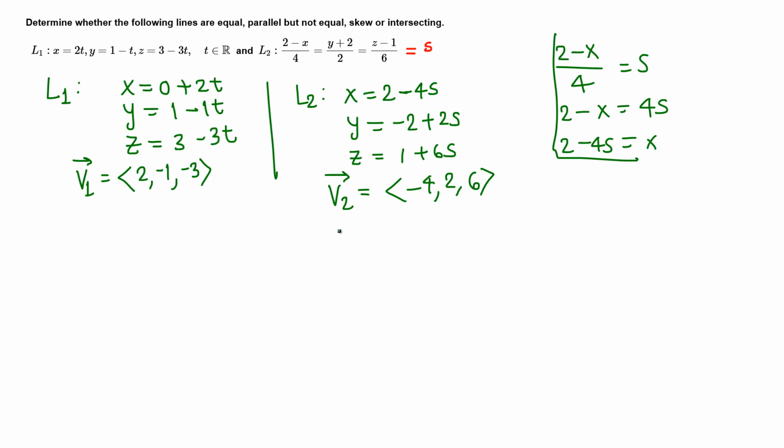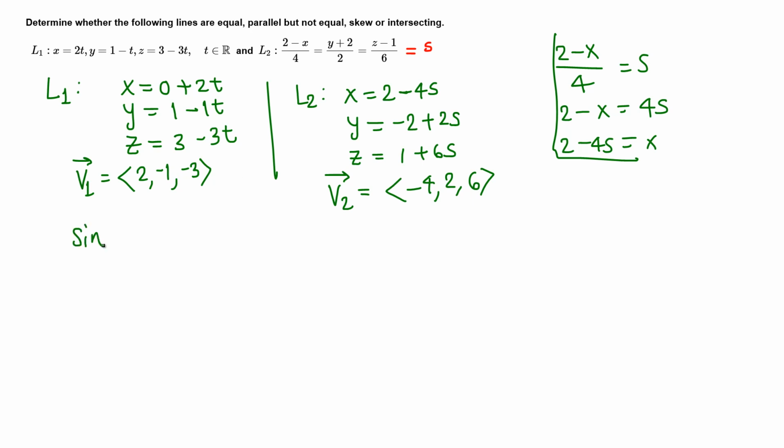Look at these two direction vectors. Clearly v2 is just negative 2 times the first vector, because if we multiply 2 by negative 2, we get negative 4, and so on.